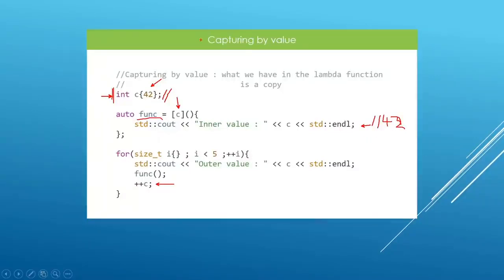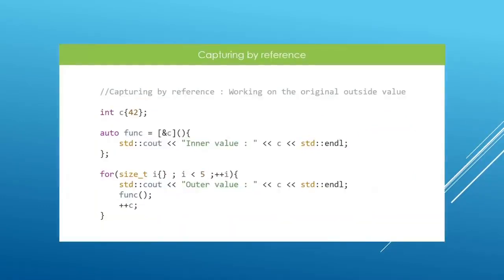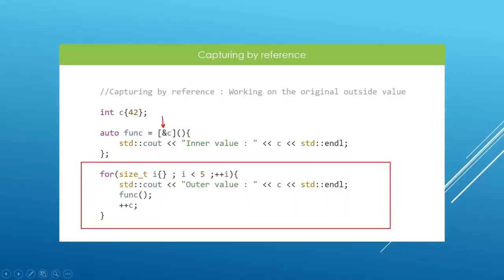Okay, so now you know that we can capture by value and you know what this really means. Another thing we can do is capture by reference. The syntax to do that is to add an ampersand symbol in front of the variable that we capture. If we do this and run the same code we ran in the last lecture, we're going to see that the changes we do on the outside are picked up by the inner side of our lambda function, because we are capturing by reference.